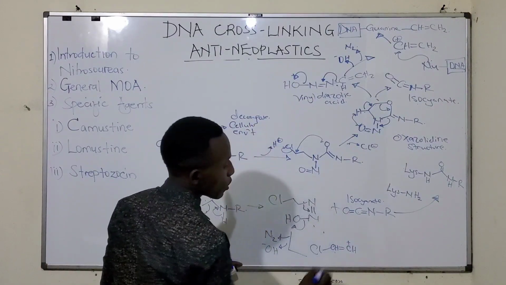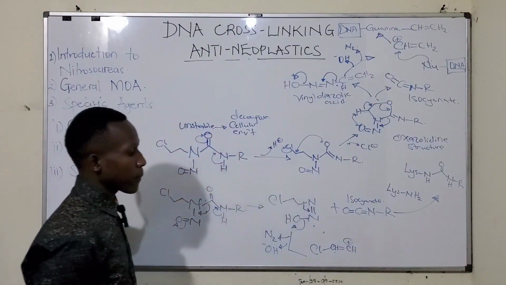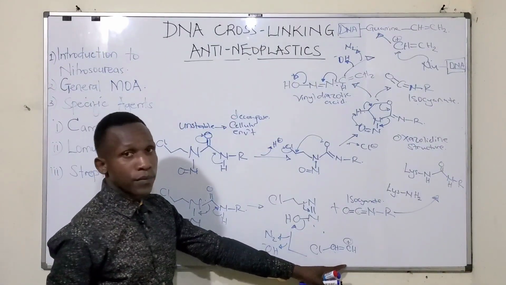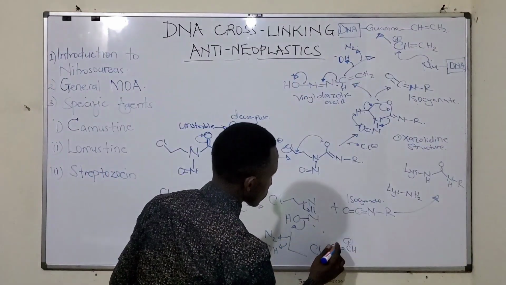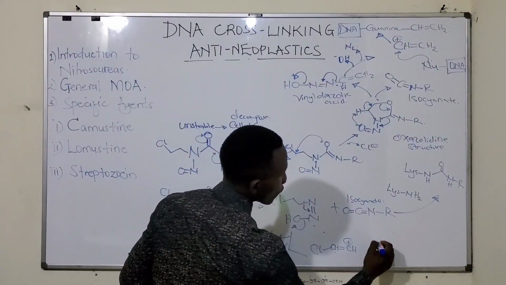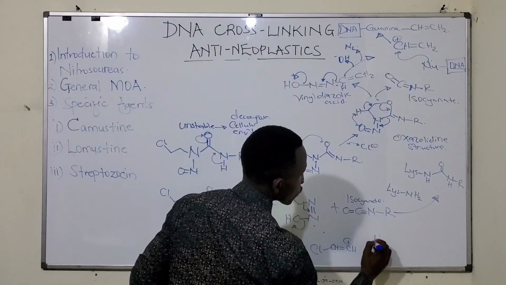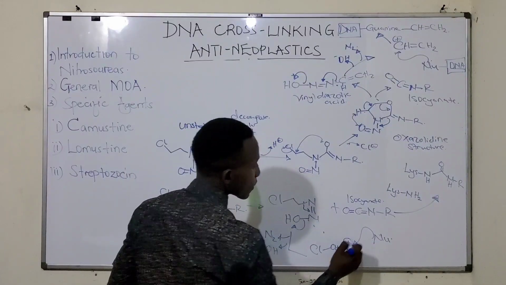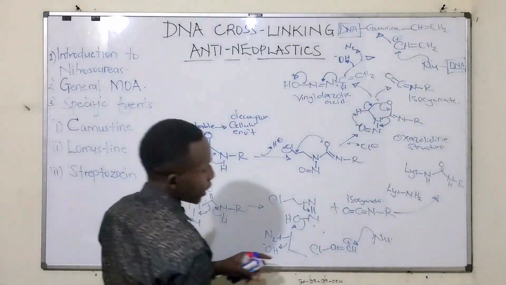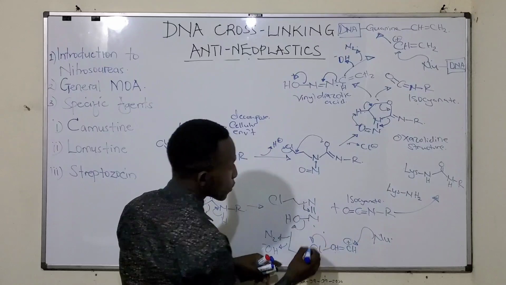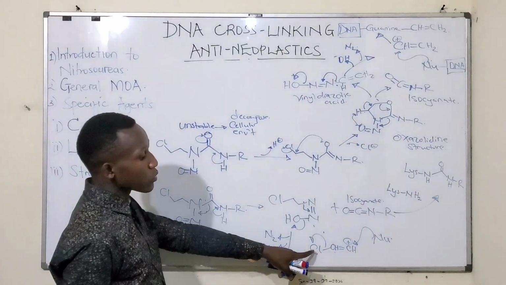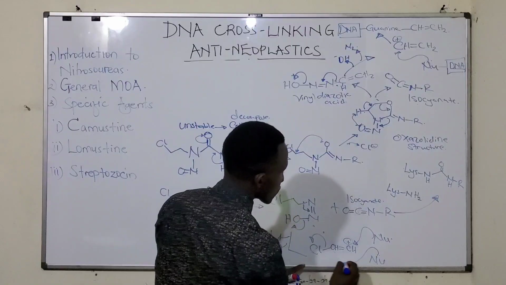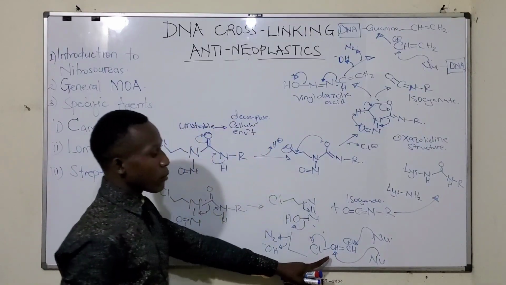This is the carbocation. And this one can alkylate the DNA. So we shall have the guanine, which is the nucleophile now. This guanine can attack this carbocation. And may also have the loss of the chloride because it is an electron withdrawing group. Another nucleophile comes and attacks this carbon here.